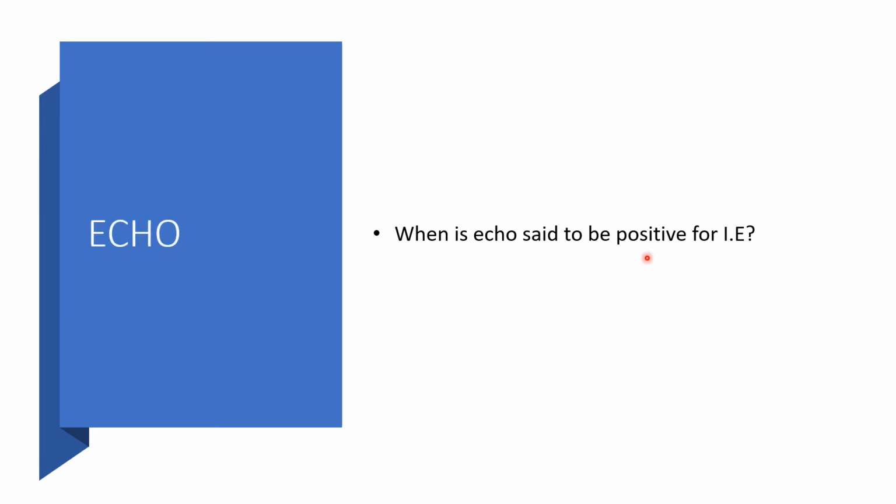Echo is said to be positive for infective endocarditis when it is revealing vegetation or there's an abscess, or both, or when prosthetic valve is showing dehiscence. So we can say that the echo is positive for infective endocarditis.